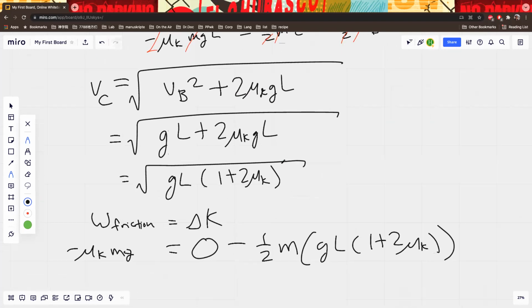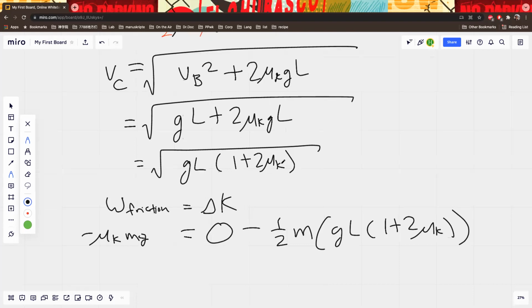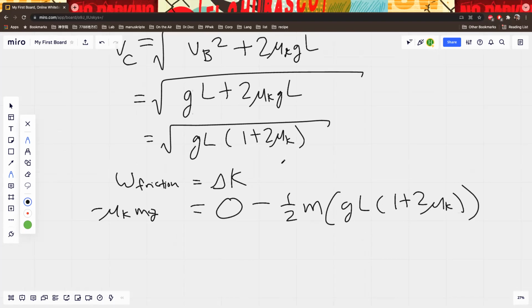Okay. So let's do X. All right, so we solve for X. We have mg and mg. So we get X equals, we multiply everything by 2 as well, right? Let's get rid of that.